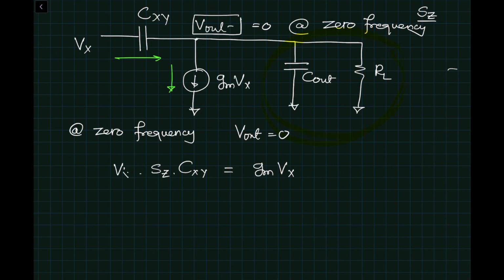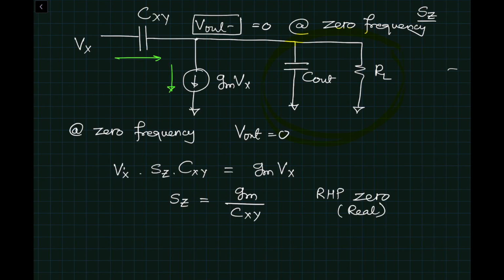Correction here, this should be Vx. So we can say that S of Z will be equal to Gm divided by Cxy. Since this is positive, it's a right of plane 0, and you can already see it's a real 0.